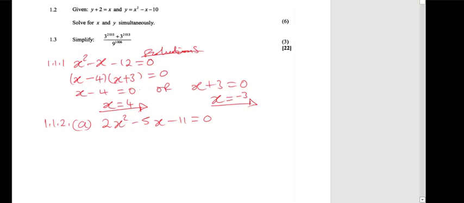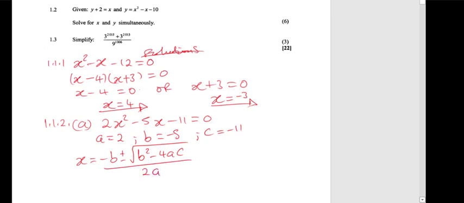Okay. Now in this case, A, we are required to solve for x. It cannot be factorized, so I have to use the quadratic formula. There is no other way. I know that a is 2, b is negative 5, then c is negative 11. The quadratic formula is x equals minus b plus or minus the square root of b squared minus 4ac, all divided by 2a.